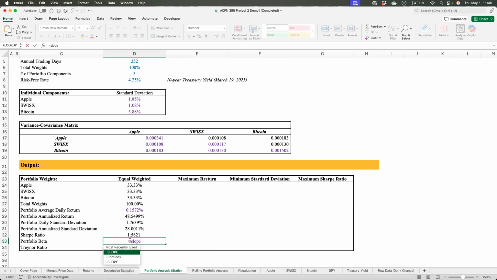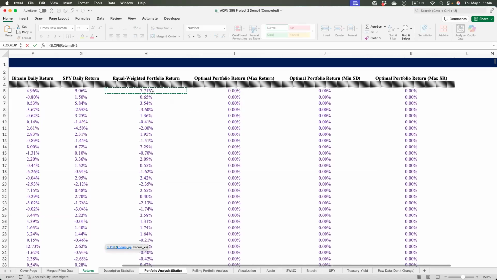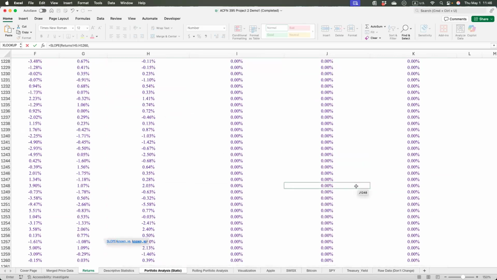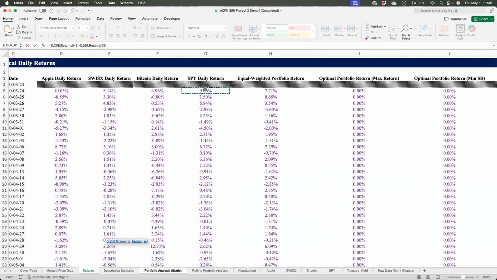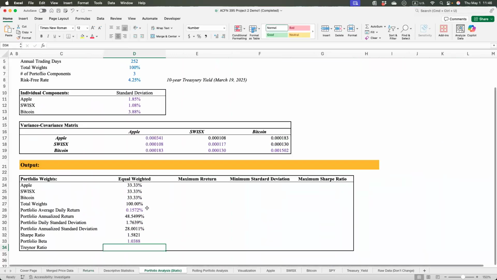So for the beta, we basically run a regression using the equal weighted portfolio return against the benchmark return, which is SPY. So we use the SLOPE function, go back to the returns, find your equal weighted portfolio returns column here, this one, comma, and we're going to run the regression against the market portfolio return. This is the SPY return. Highlight the column, and we're going to lock this column for the calculation. The reason we're doing that, I'm going to come back.